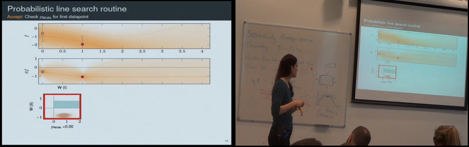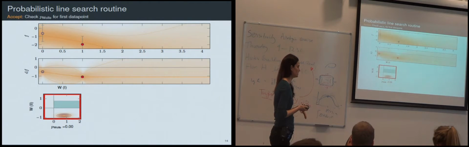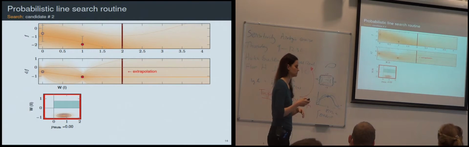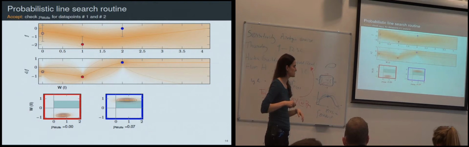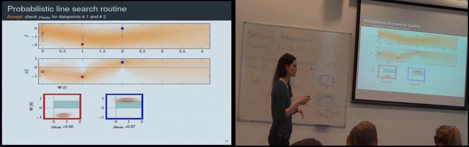So this one doesn't lie in there, so this point is for now rejected. Then the algorithm tries to extrapolate again, evaluates, updates the GP, and again checks this point. This one just lies about 7% inside of the green area, so we also don't accept it for now.